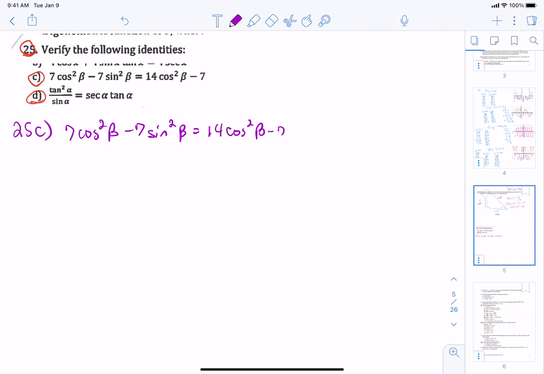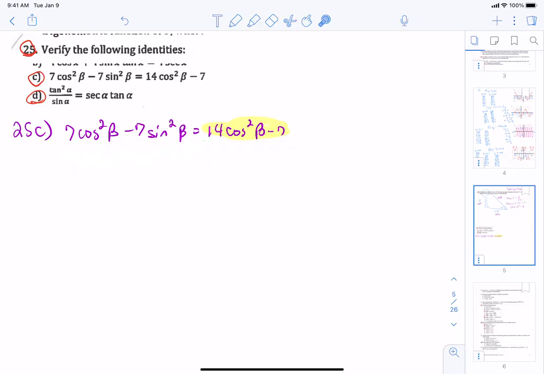I usually try to find the one that has a little bit more stuff in it to change over to the one that's a little simpler. In this particular case, they're both pretty equal, but I'm going to hold this side, just because something occurred to me that I'll be able to switch, and I'm going to try to get this side to match.